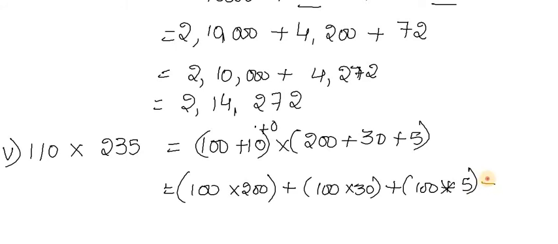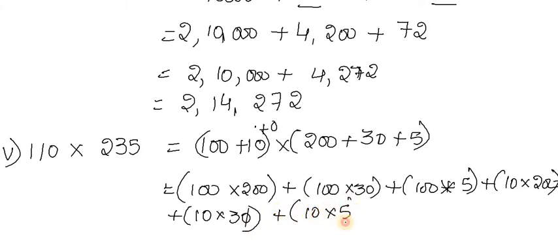And now with 10. 10 into 200 plus 10 into 30 plus 10 into 5. And now with the last digit 0 into 200 plus 0 into 30.